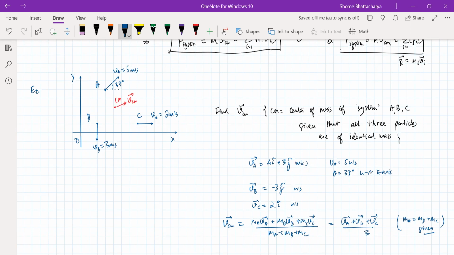So hence, you can see that velocity of the center of mass will become, so 4 plus 2, that is 6 I cap plus 0 J cap divided by 3. So it is plus 2 I cap.